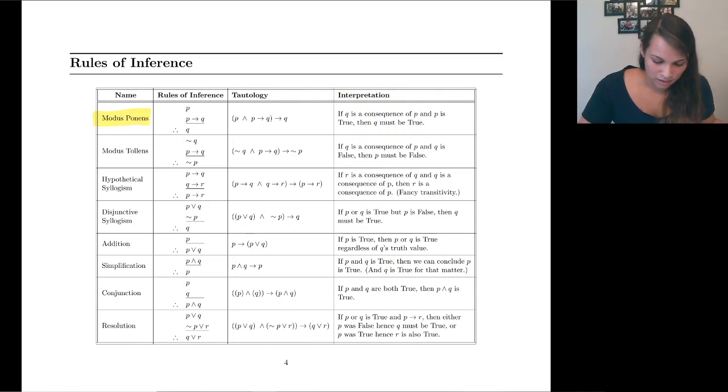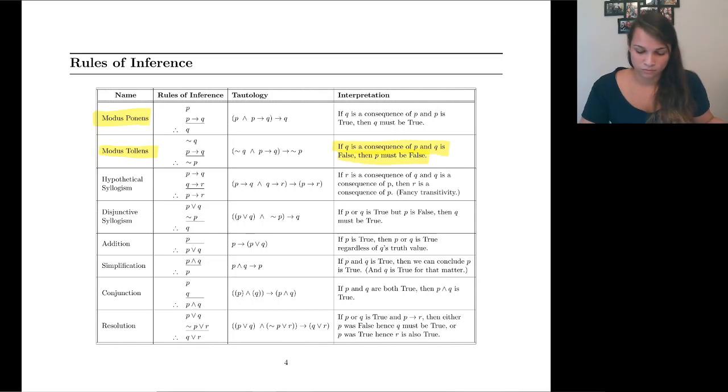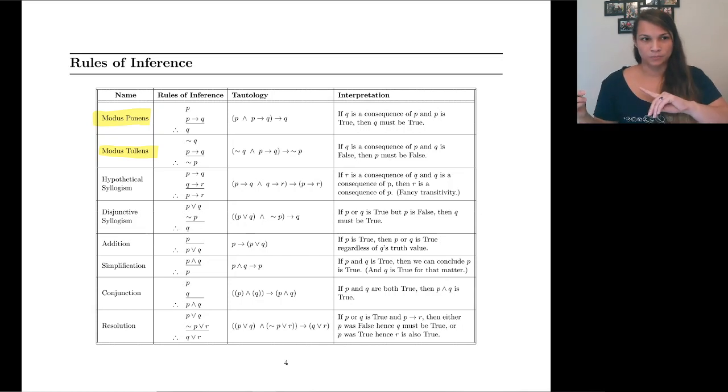For instance, Modus Tollens: if Q is a consequence of P and Q is false, P must also be false. Why is that true? Because if P implies Q is overall true and Q was false, that means we couldn't have had that P was true. Otherwise, we would have gotten that Q was true. That's the basic thought behind that.